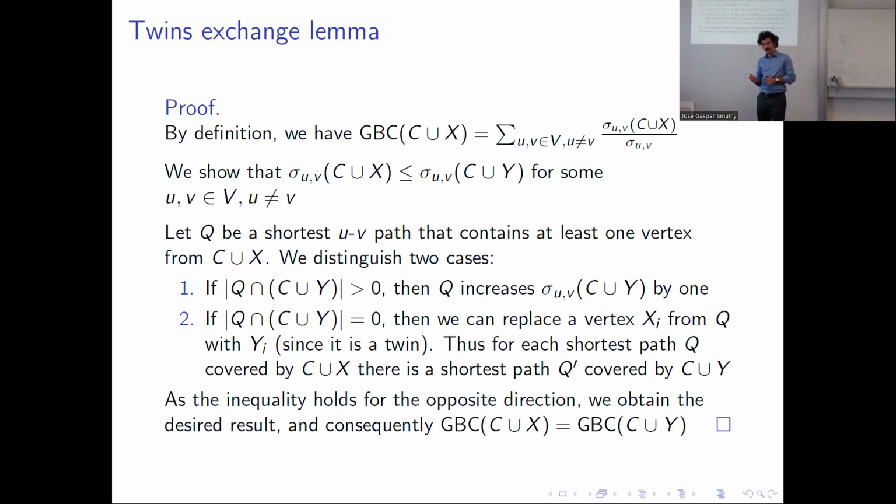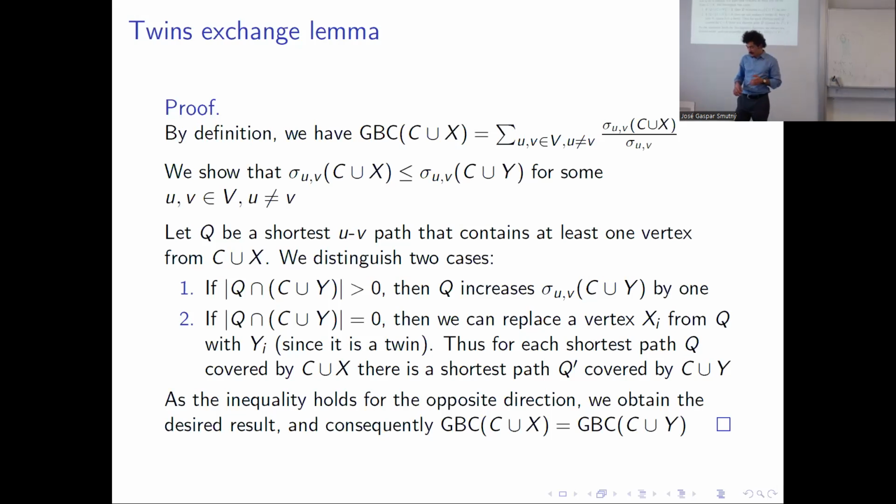We are sure that the path contains a vertex from X because it's covered by C union X. That's in our assumptions. By doing this, we ensure that for every shortest path covered by C union X, there is a shortest path covered by C union Y. So the inequality holds. By the same logic, we can show the inequality in the opposite direction, and we arrive at the conclusion that the number of shortest paths covered by C union X is equal to that of C union Y, and thus the group betweenness centrality is equal for both of these sets.